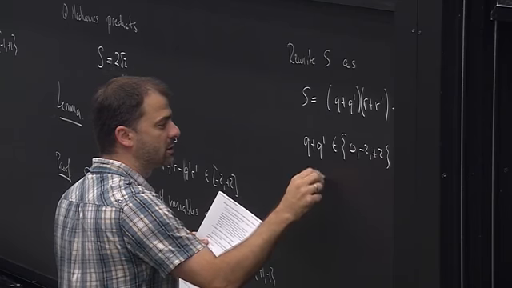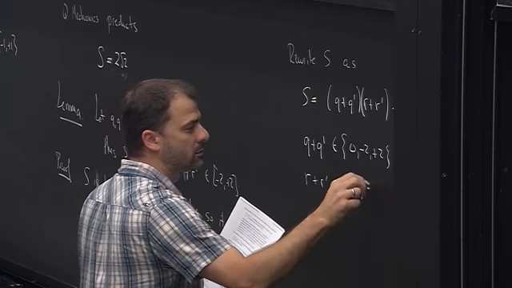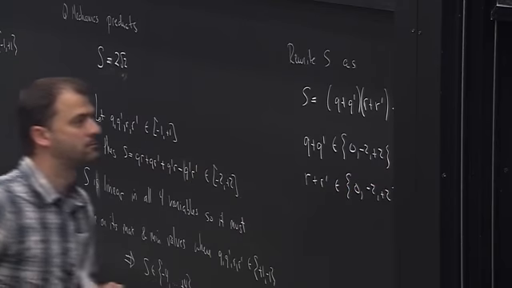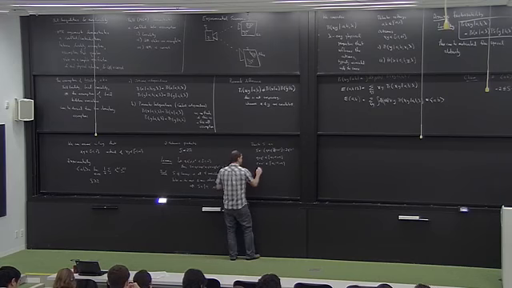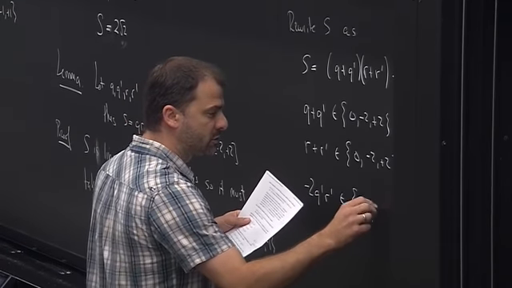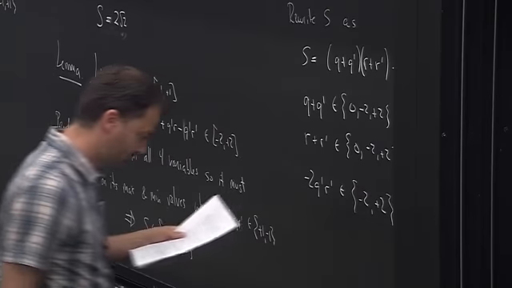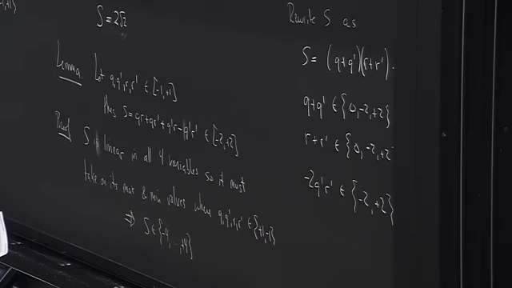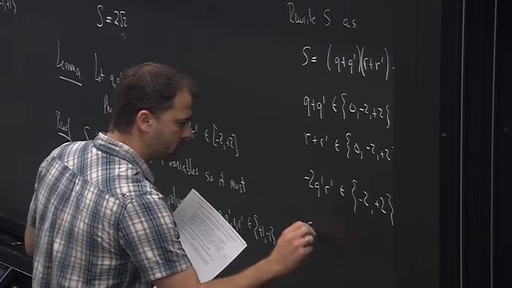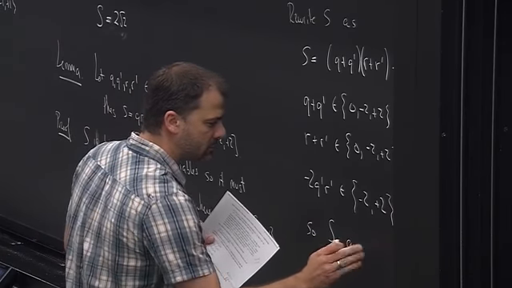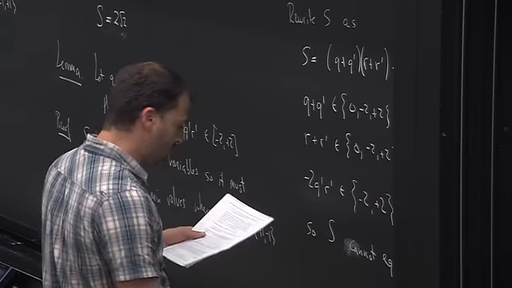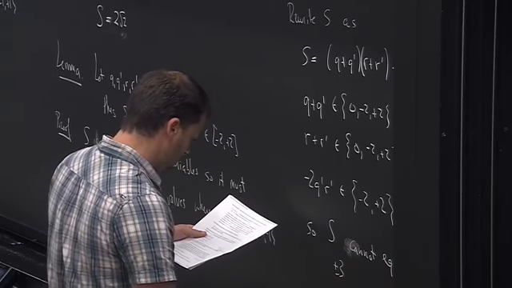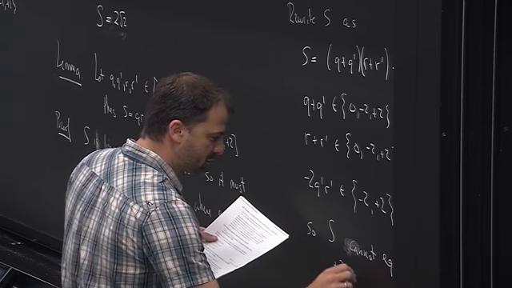And similarly, R plus R prime can only be 0, -2, or +2. And the last term, -2Q prime R prime, can only be -2 or +2. So S cannot equal ±3 or ±4.